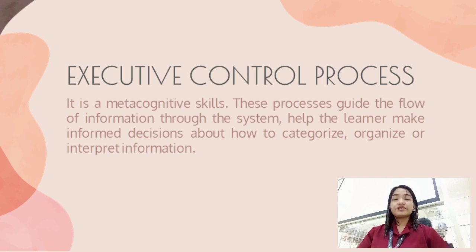So, ang executive control process, naga-guide sa atin kung paano mag-organize, categorize, at mag-interpret sa information. For example, pag nag-answer kita sa word puzzle, nagagamit natin ang executive control process para maka-isip kung paano natin ma-organize at masagot ang word puzzles.